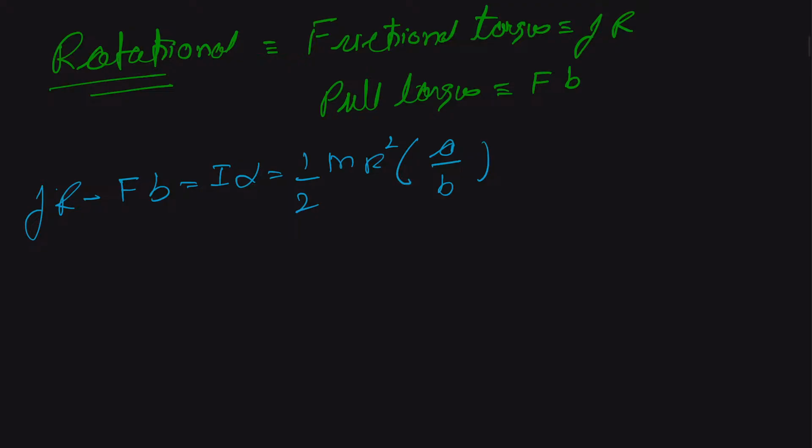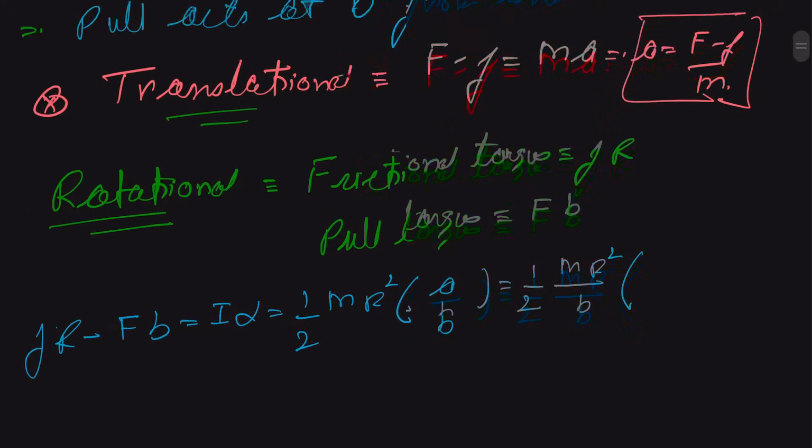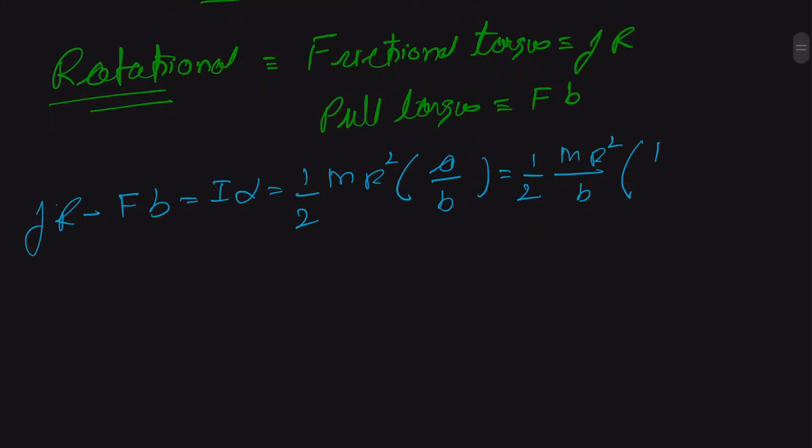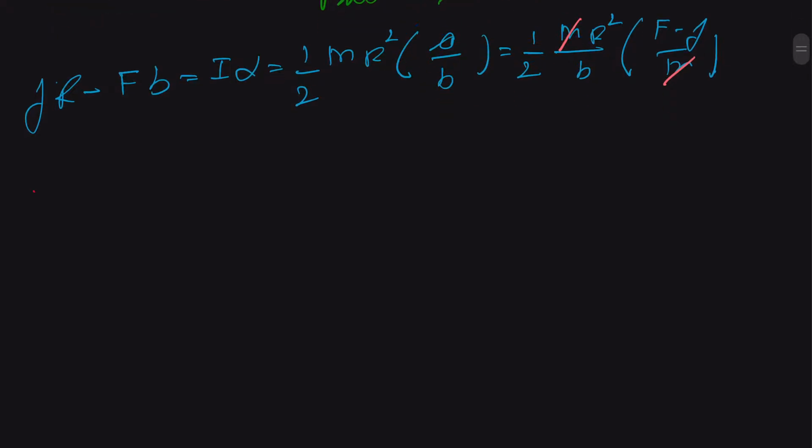Okay. And we substitute the value of A, we get this as our half m R square upon B, and A is our F minus f divided by M. And here this mass and mass cancels out, therefore we get F R minus f B will be equal to, we get this from R square by 2B, and we have F minus f.